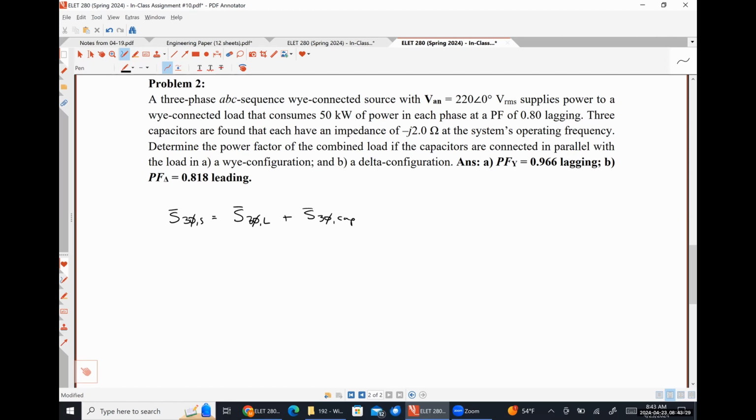So the source is providing enough power to provide whatever the load and the capacitor bank are absorbing. Are we okay with that? Cap for capacitors.